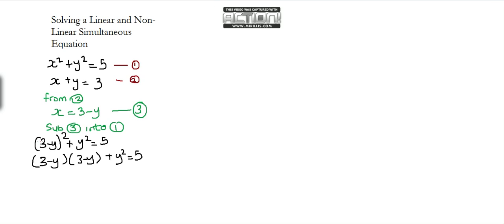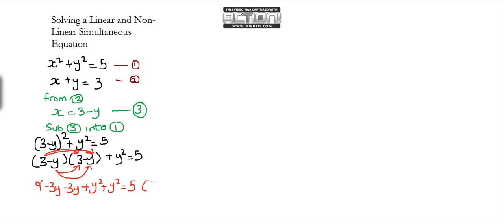So what we need to do to expand this is to multiply 3 by 3 and 3 by y, and then y by 3, and like that. So that gives us 9 minus 3y minus 3y plus y squared plus y squared equals 5.